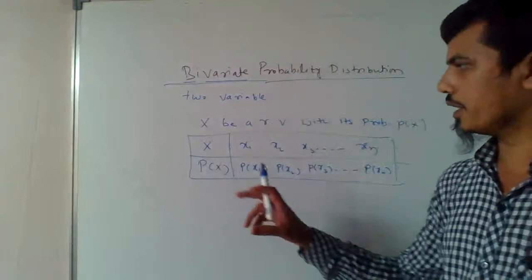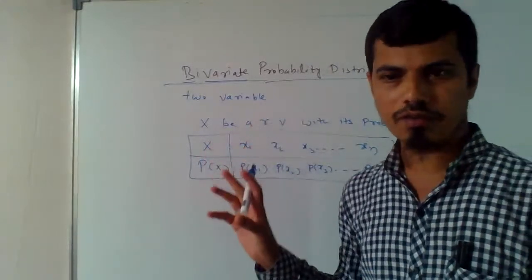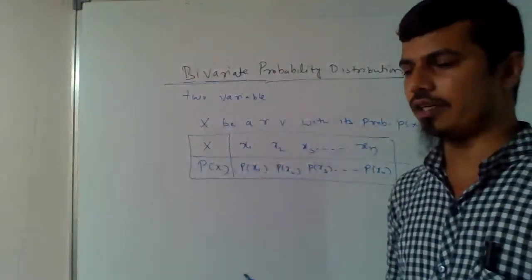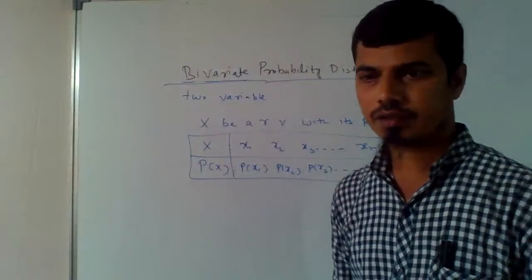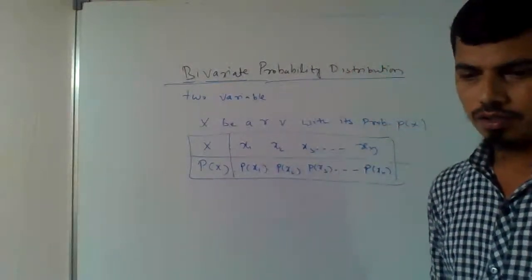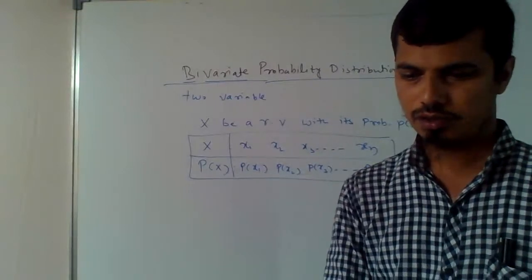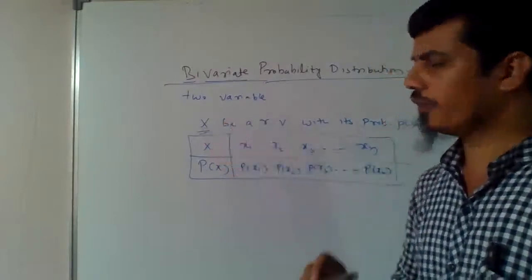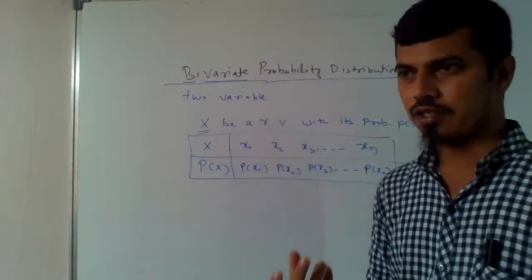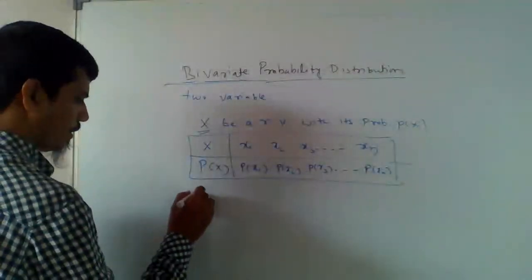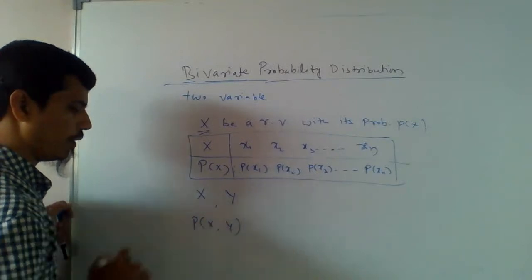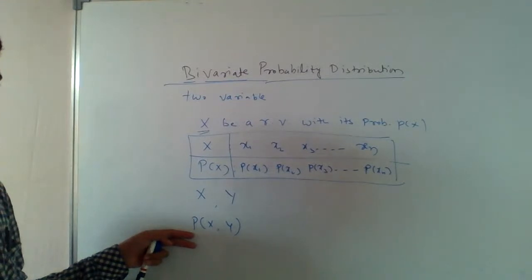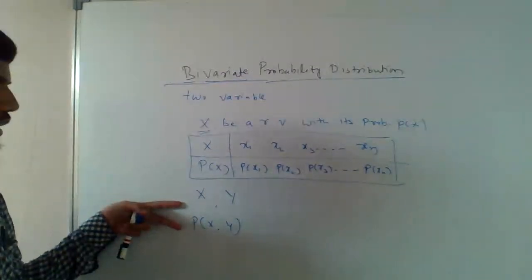So we are representing the outcome of a random experiment with the help of one single variable. That's why it's simply called probability distribution, or single variable probability distribution. Just a minute. Instead of taking one variable, if we consider two variables, for example x and y, with the corresponding probability p of x comma y, that is known as a bivariate distribution.